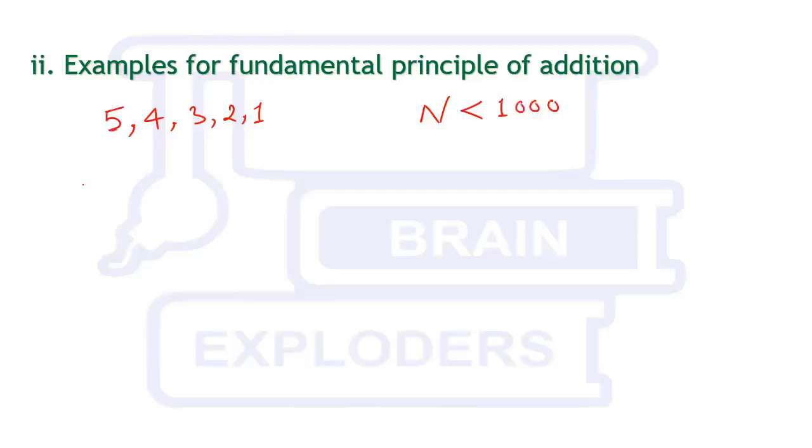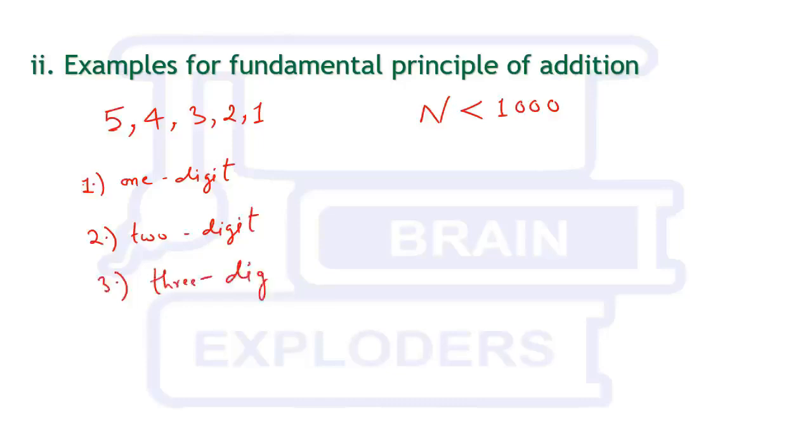Here the number may be a 1-digit number, or a 2-digit number, or a 3-digit number. Using the digits 5, 4, 3, 2, 1, we can make a 1-digit, 2-digit or 3-digit number.